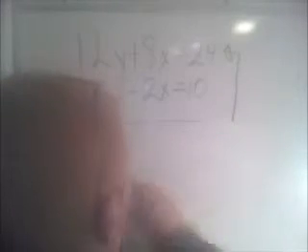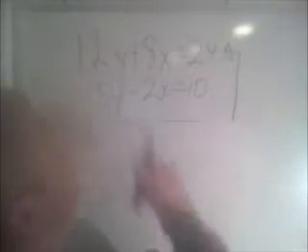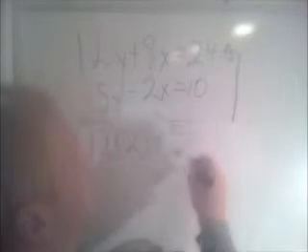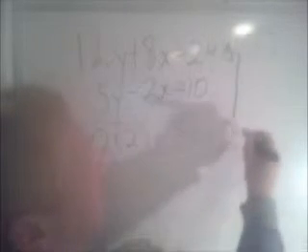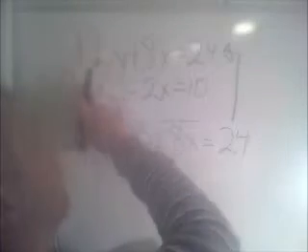Okay, we're substituting y equals 2 into here. 12 times 2 plus 8x equals 24. All we did was substitute the y that we got from solving the elimination part of this solution.